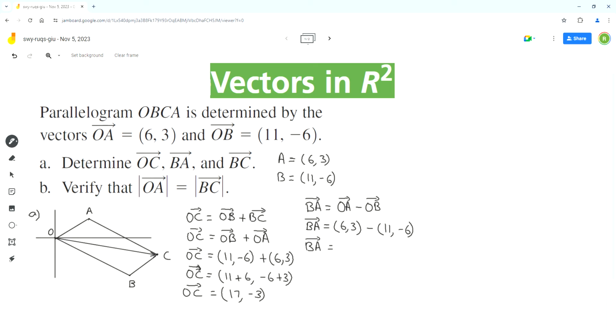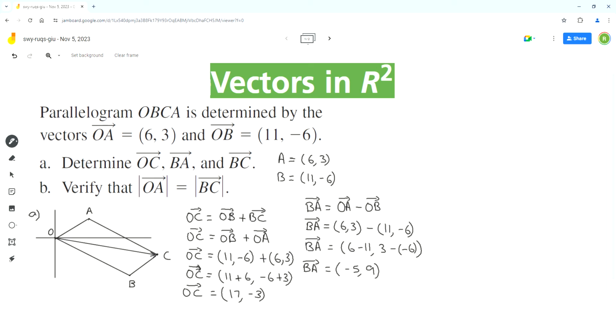Now we can subtract the vectors. So 6 minus 11 is equal to negative 5. And 3 minus negative 6 is equivalent to 3 plus 6, so it is equal to 9. So this is vector BA.